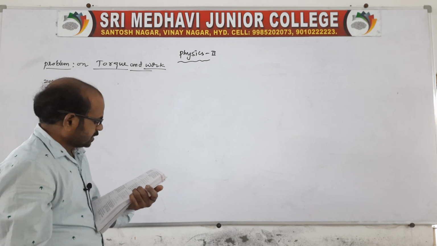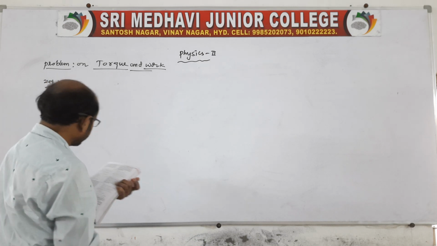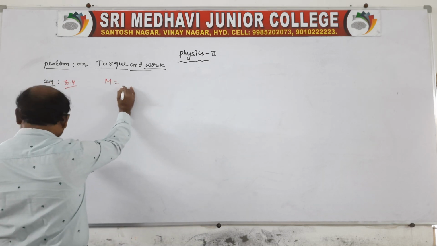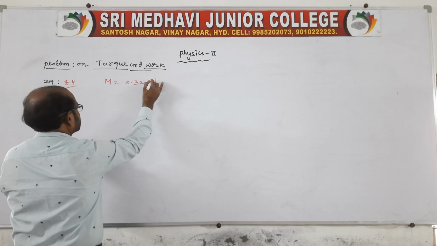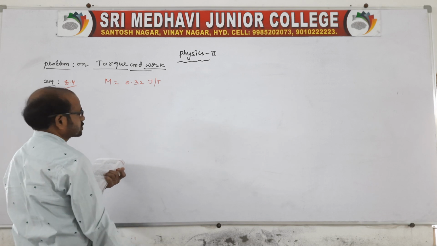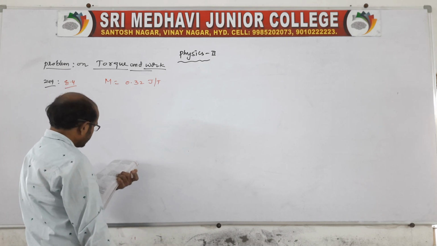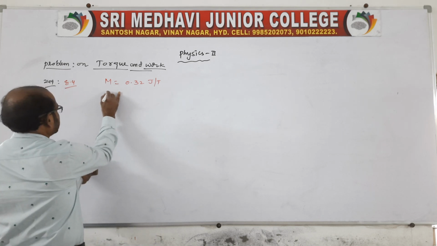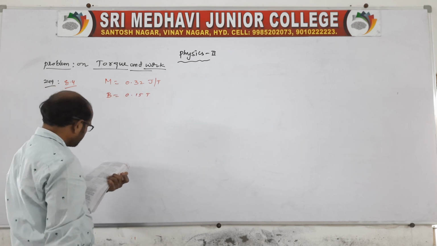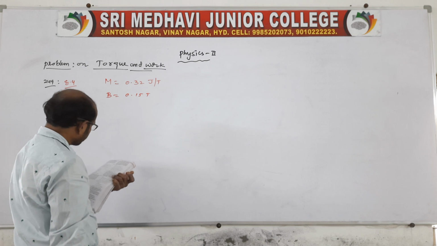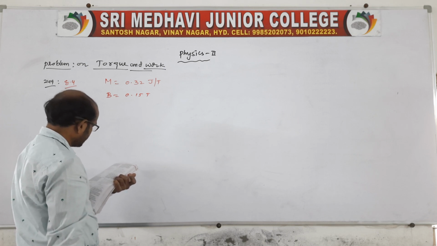A short bar magnet of magnetic moment capital M is given as 0.32 joule per Tesla, which we can also call ampere meter square, is placed in a uniform magnetic field capital B of 0.15 Tesla. The bar is free to rotate in the plane of the field.